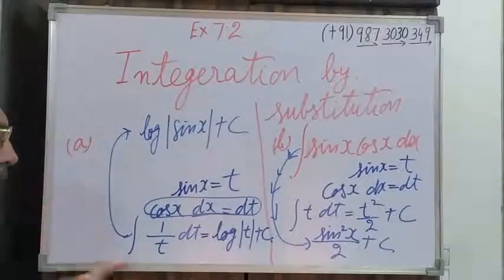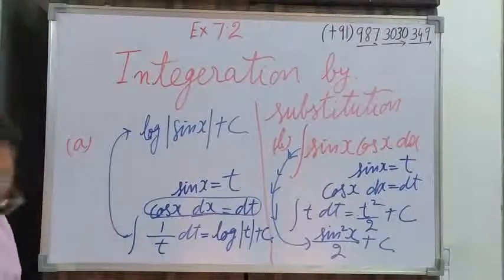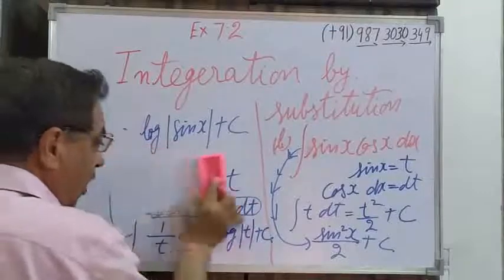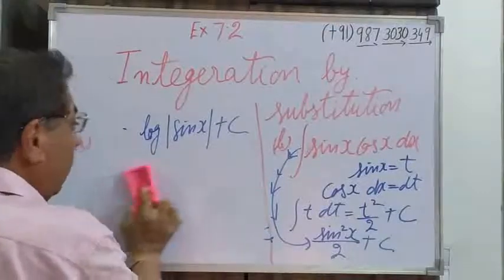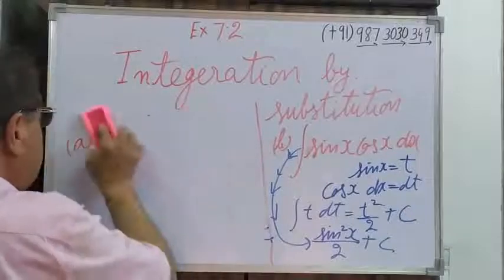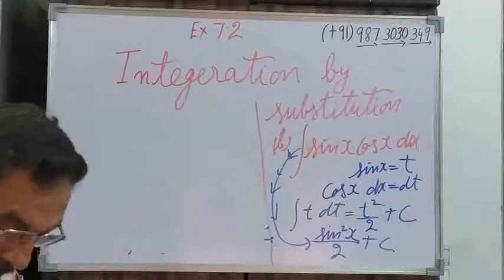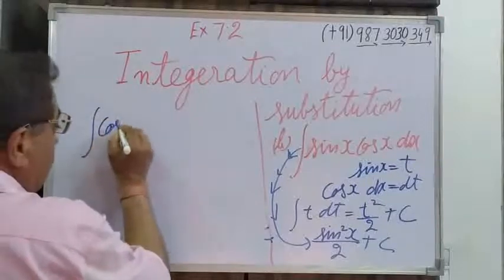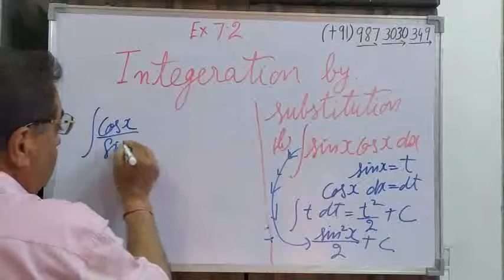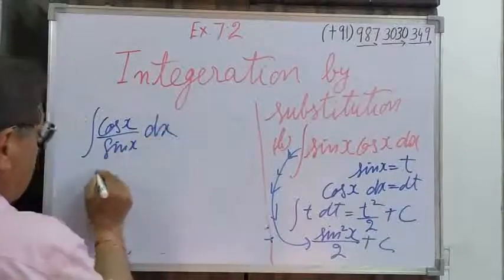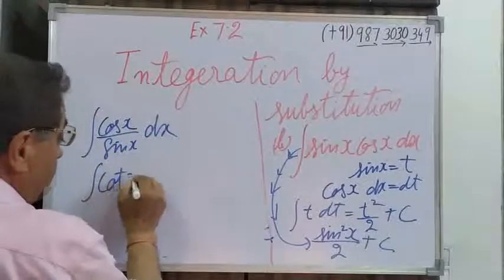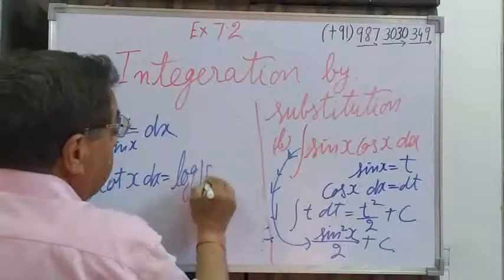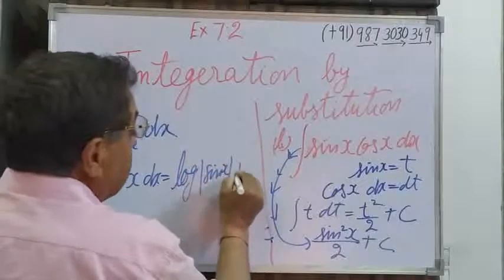So we have obtained a formula: the integration of cot x comes to be log of sin x plus c. I am able to derive the formula that the integral of cos x upon sin x dx, or the integral of cot x dx, is equal to log of sin x plus c.